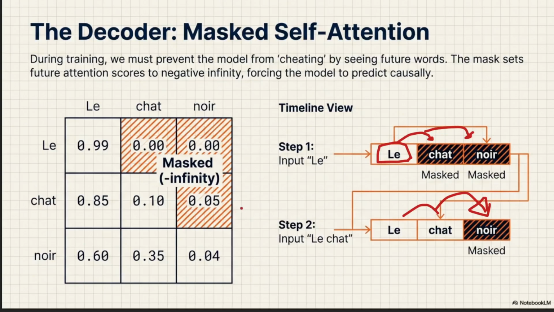By setting the attention scores for future positions to negative infinity. Once they pass through the softmax activation function, they turn into 0, effectively blinding the model to the future and forcing it to predict based on only the past context, because the softmax of minus infinity is 0.